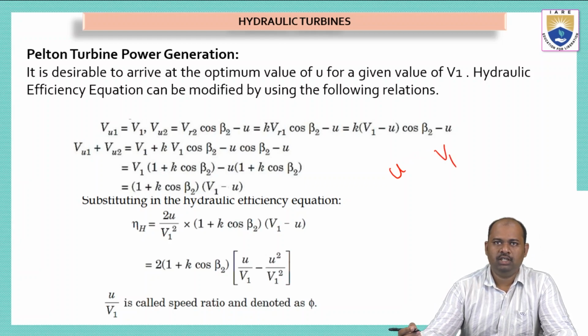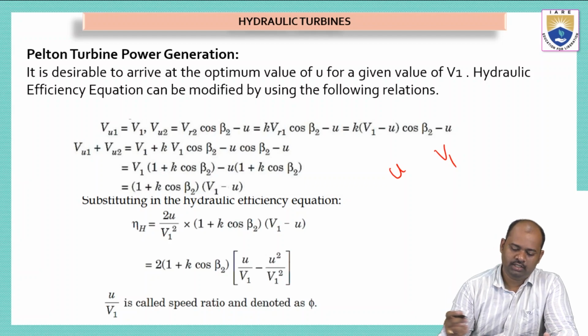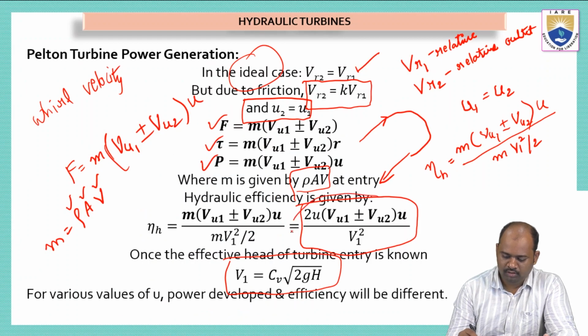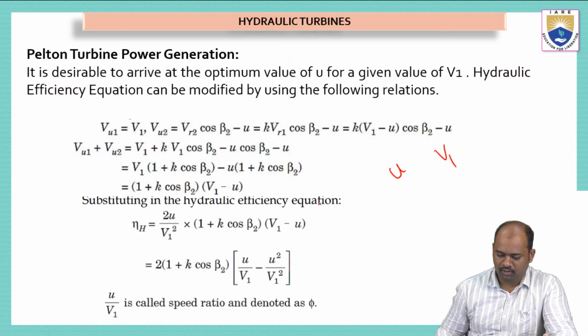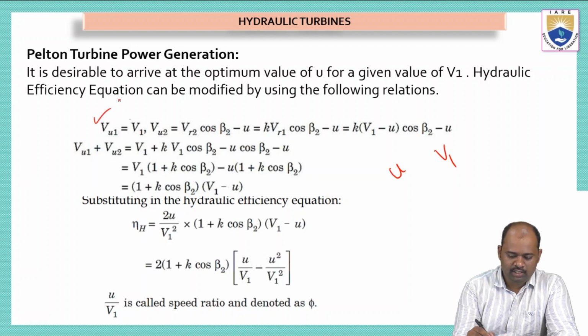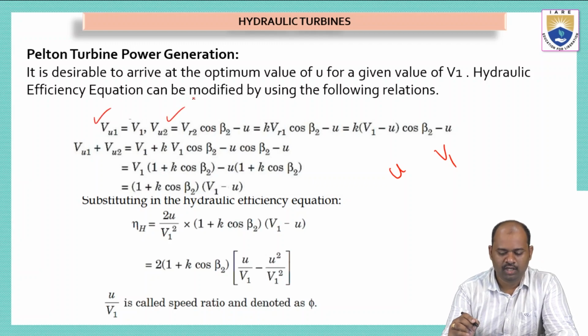Now the hydraulic efficiency equation can be modified by using the following relations. This is the hydraulic efficiency formula, and it can be modified accordingly in order to make it small. We will use some more equations like VU1 is taken as V1 and VU2 is taken as VR2 cos beta.